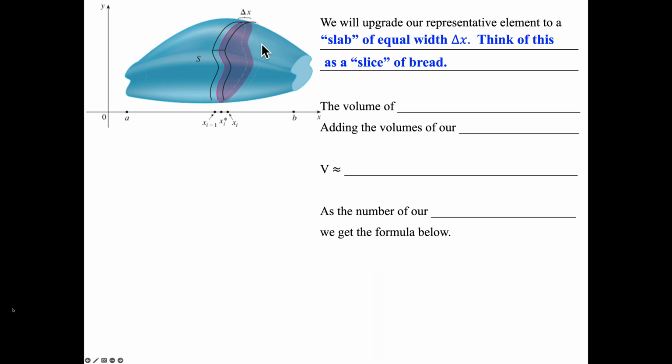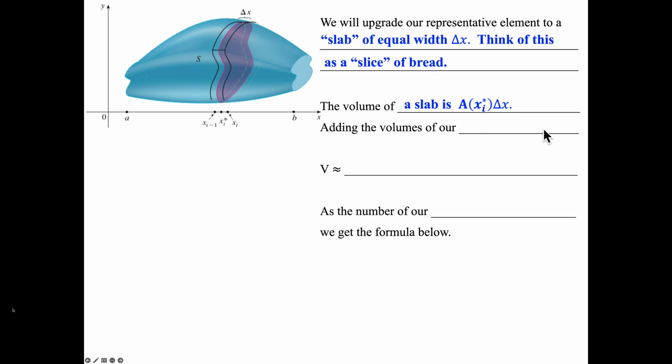We will upgrade this to what we call a slab. This slab has thickness delta x, and you can think of this as a slice of bread. The volume of our slab is A of x sub i asterisk times delta x. Again, this x sub i star can be any location within that slab and will work out fine.